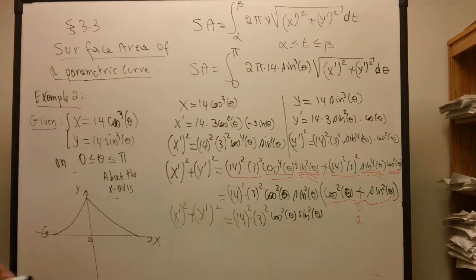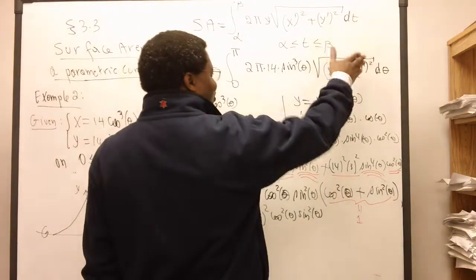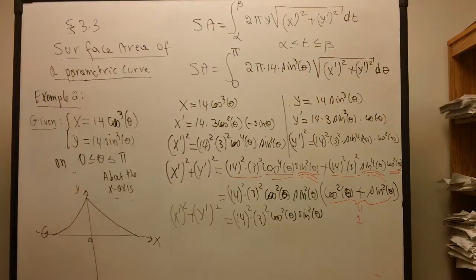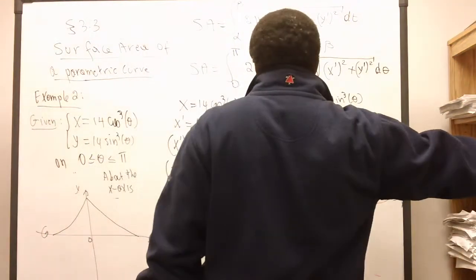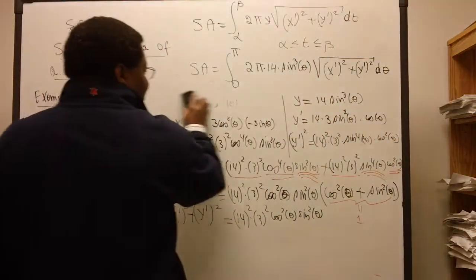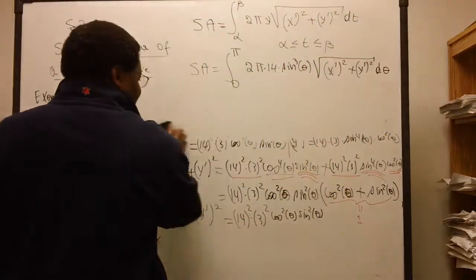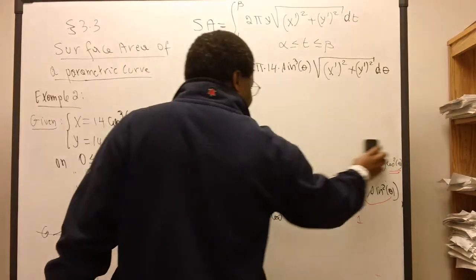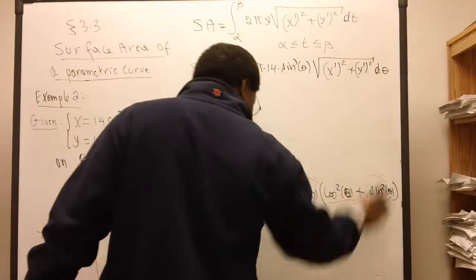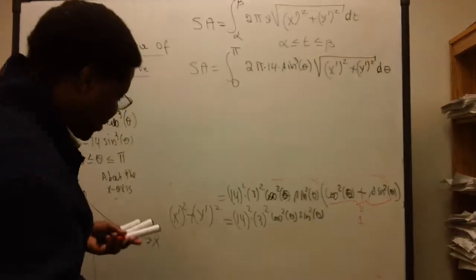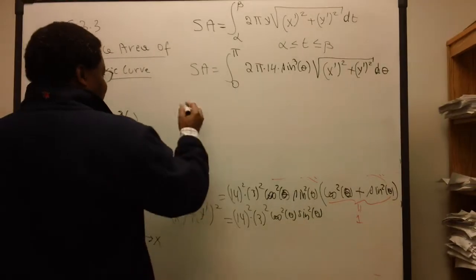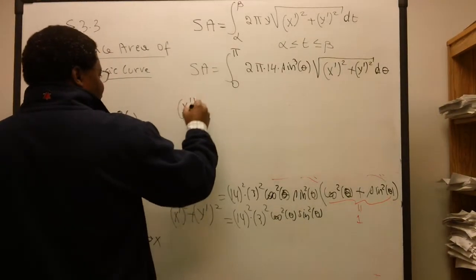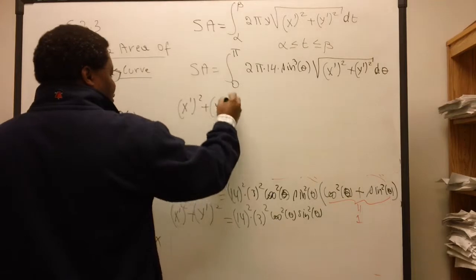So what remains is that we need to take the square root of x prime squared plus y prime squared. So we're going to do that. Since we don't need this now, we take the square root of x prime squared plus y prime squared.